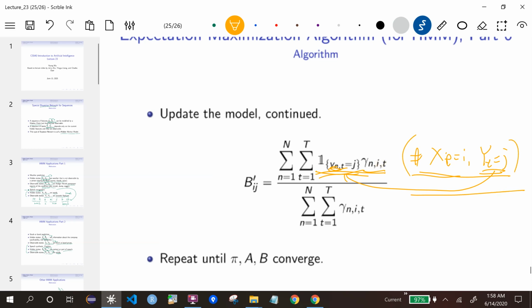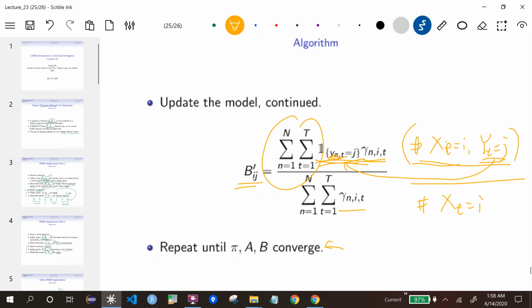And again, we are dividing it by this, which is exactly this expression. We are also summing over all the sequences and over all time periods within the sequence. And so we get B. The last step should be straightforward after we computed all of these counts or frequencies.